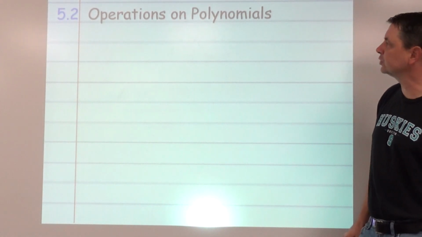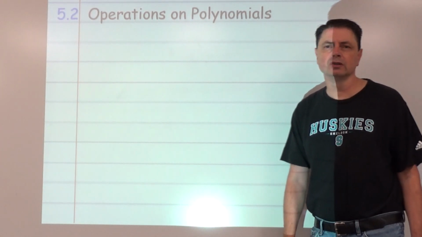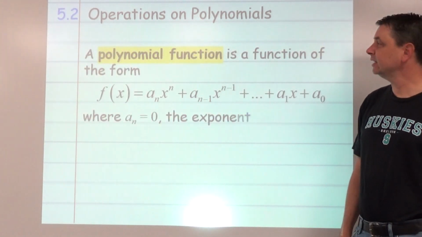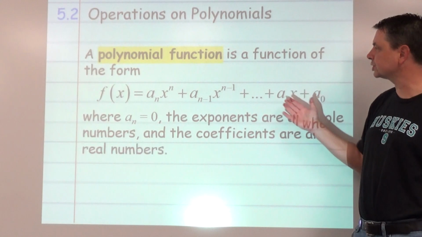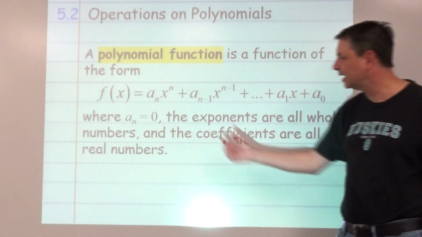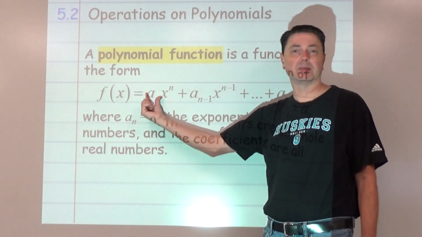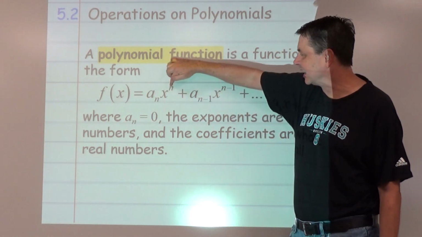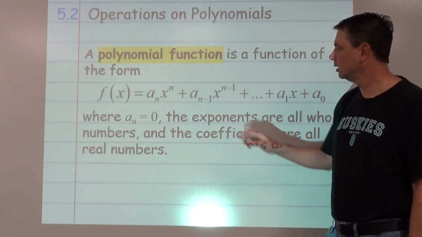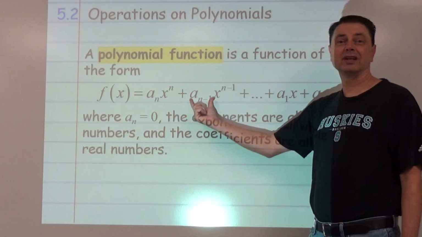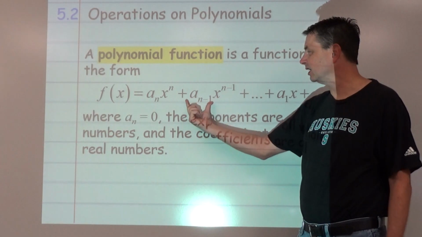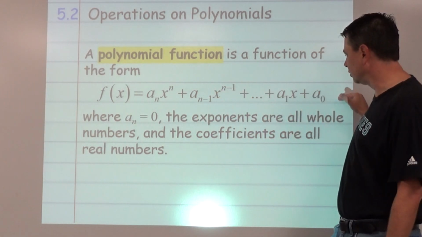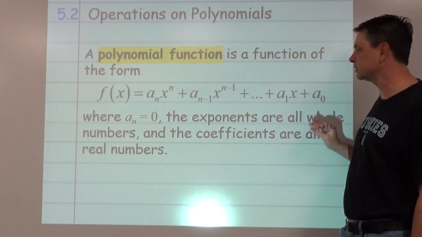All right, this is lesson 5.2, operations on polynomials. So we should probably know what a polynomial is. The polynomial function, f of x, is in the form a sub n, so this is just some real number, maybe like 5x to the power of, and this exponent has to be a whole number, plus a sub n minus 1, so the next coefficient, so maybe minus 13x to the, and so on, all the way down until we get to our constant.